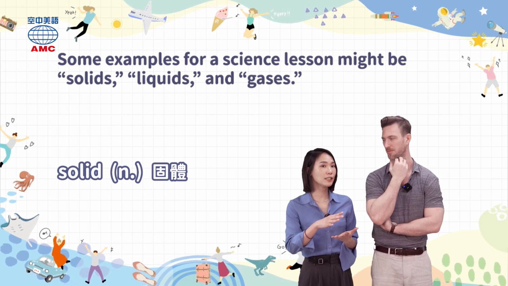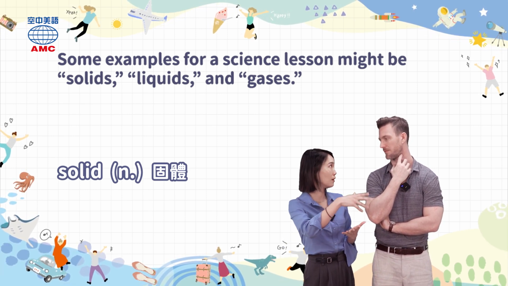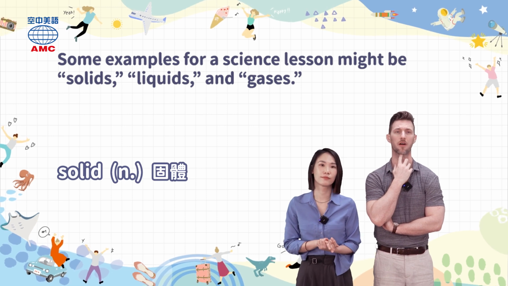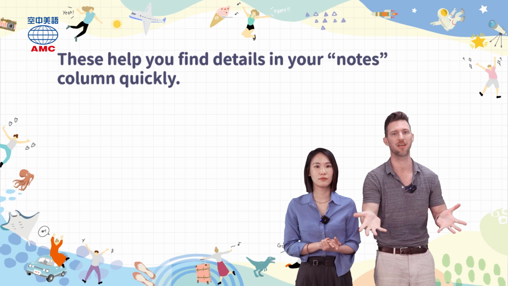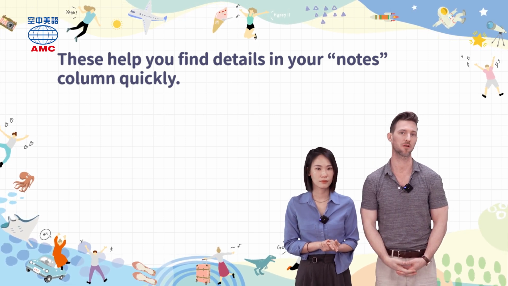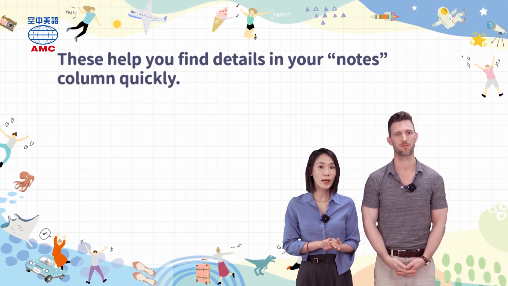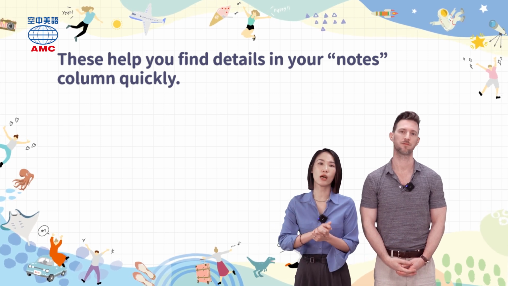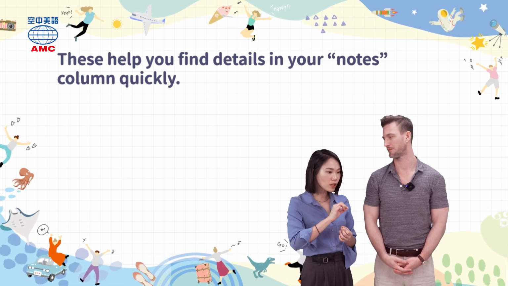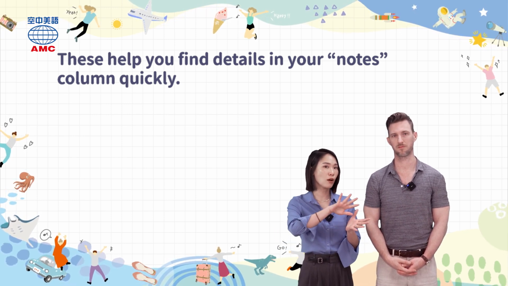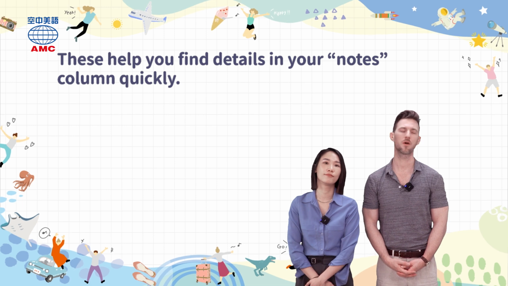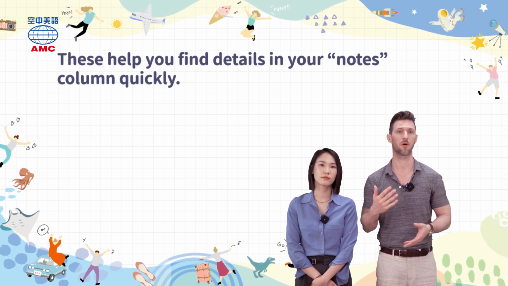Yeah, and it's easier for you to look for these kind of notes. Right, yeah, okay. All right, well, moving on, it says, these help you find details in your notes column quickly. So you look for the small heading, then find it in the notes. Where will the real notes be? On the right side.